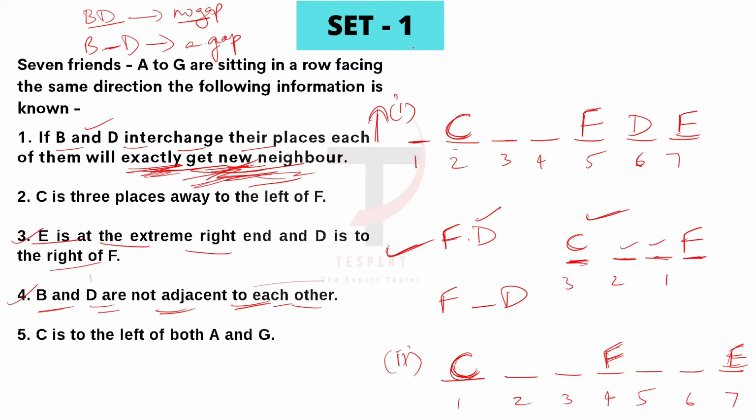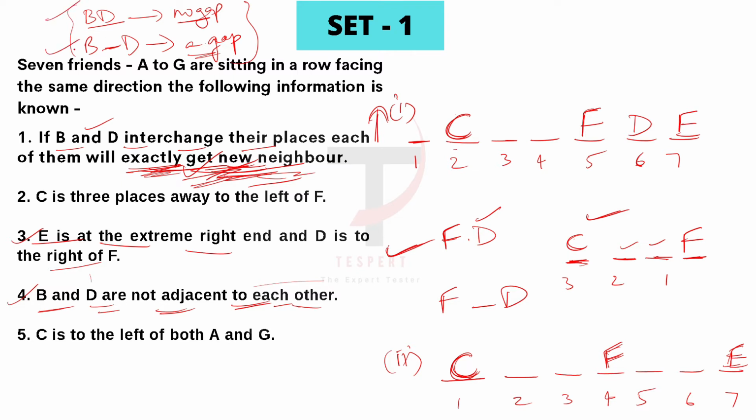So there must be only one gap, because if there are more than 2 gaps, we will be getting more than 2 neighbors for each of them after interchanging the positions. But we have to get only exactly one new neighbor, and for getting only one new neighbor, the only two possible cases are BD with no gap and BD with one single gap.